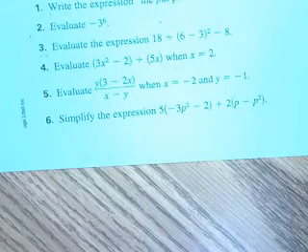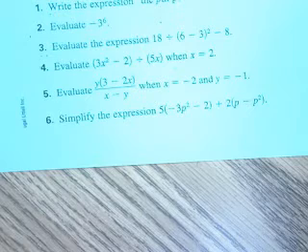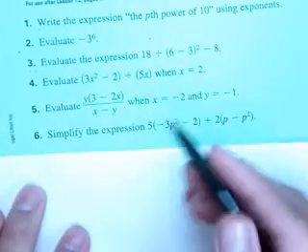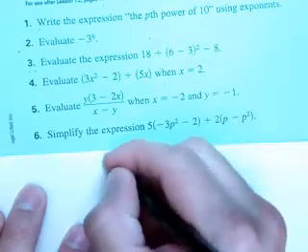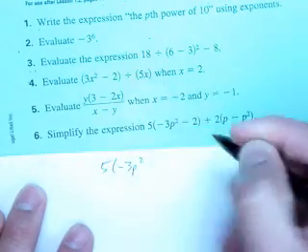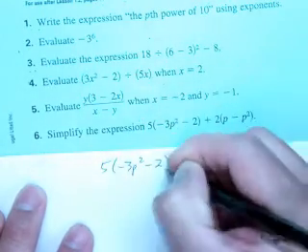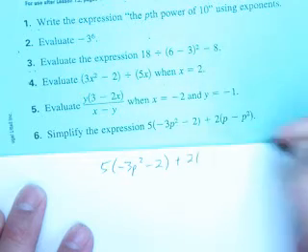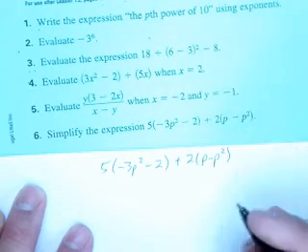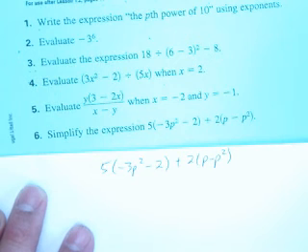And finally, number 6. You have 5 parentheses negative 3p squared minus 2 close parentheses plus 2 parentheses p minus p squared, and the idea is to simplify the expression. You're going to clear parentheses by distributing what's on the outside and then combine like terms.